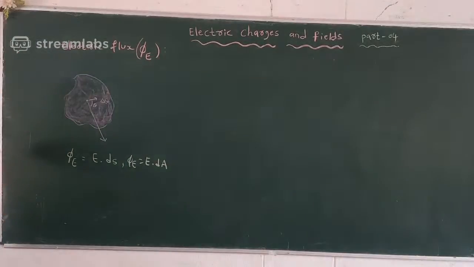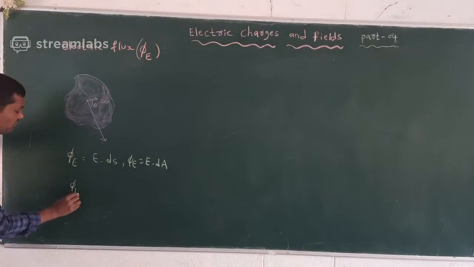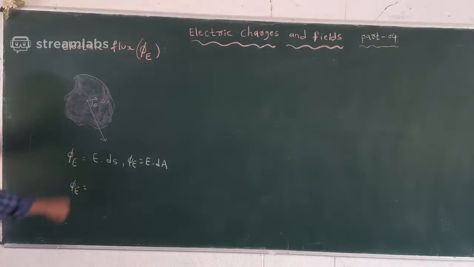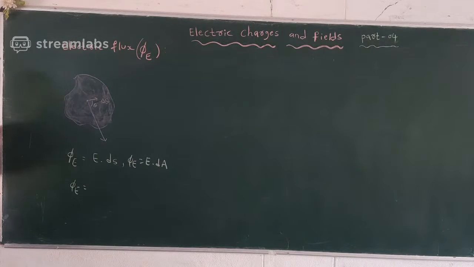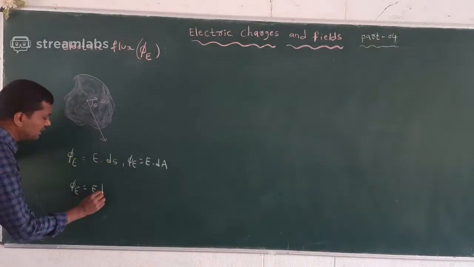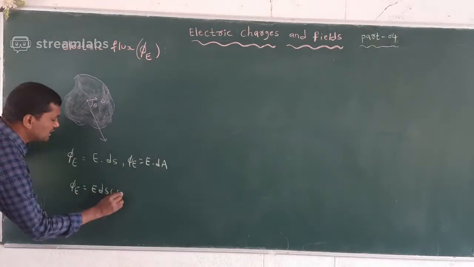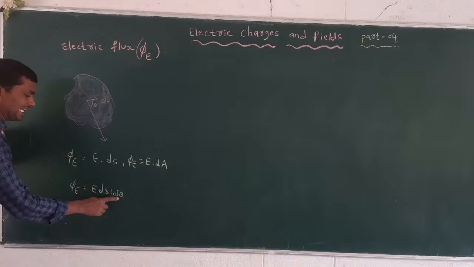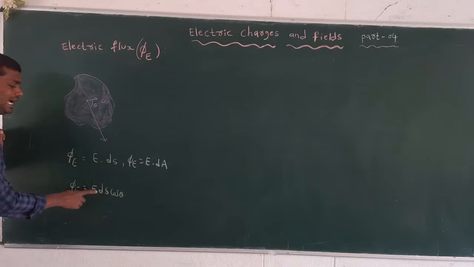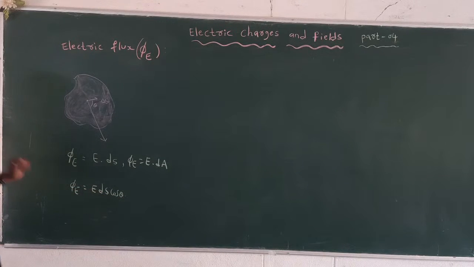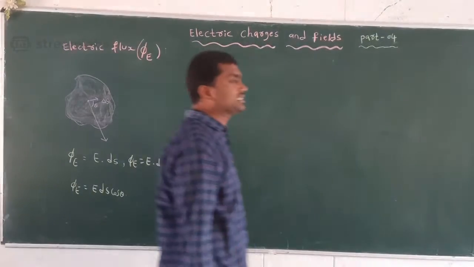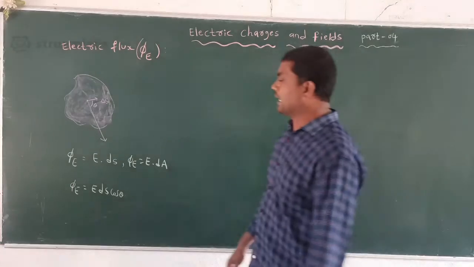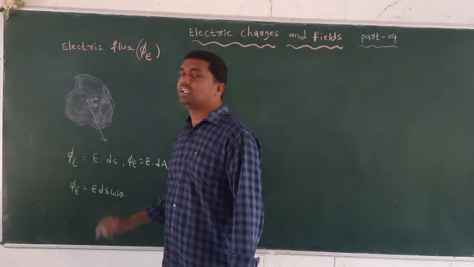Expanding the dot product, phi E is equal to E dS cos theta, where theta is the angle between E, the electric field, and dS, the surface area.